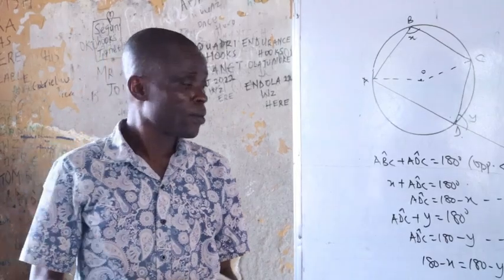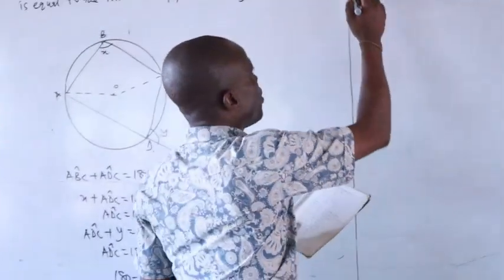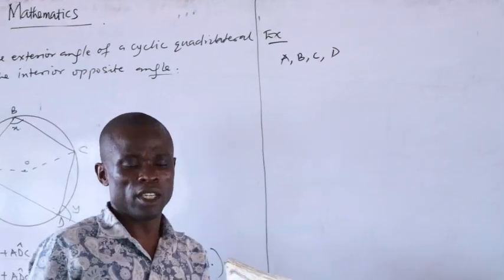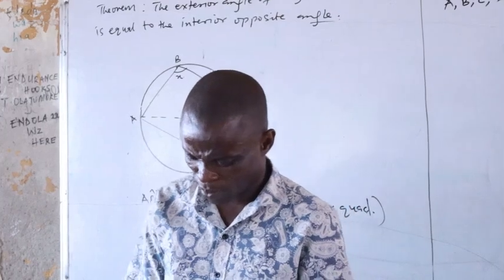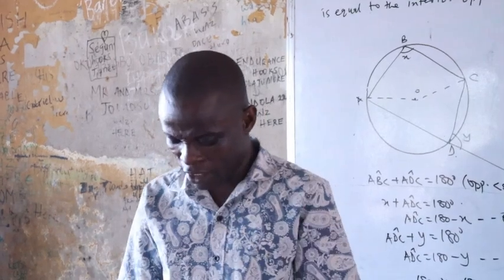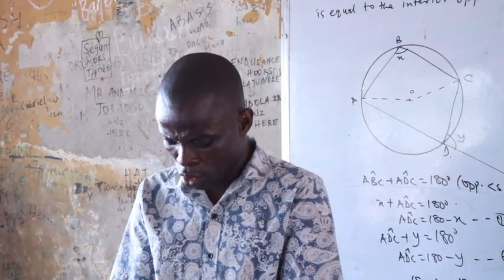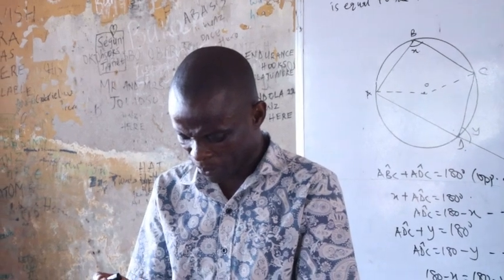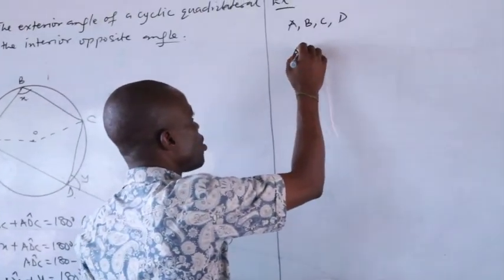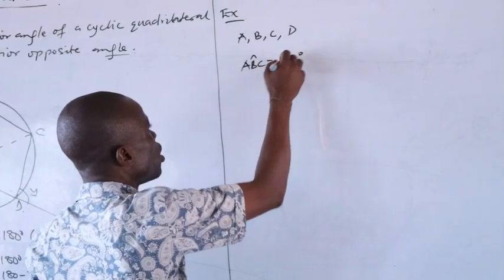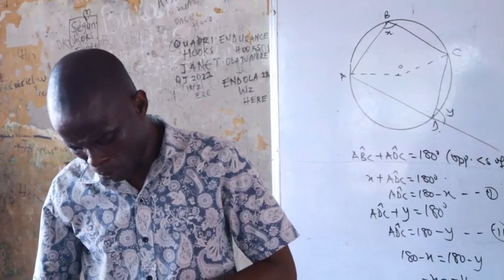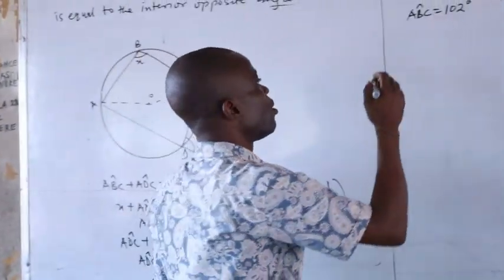Below, comma, A, B, C, D are points on a circle such that ABC equals 102 degrees. Full stop.